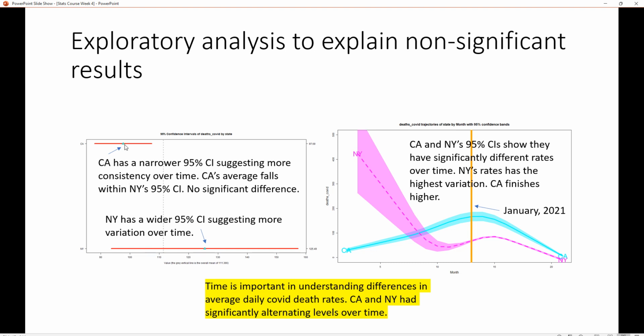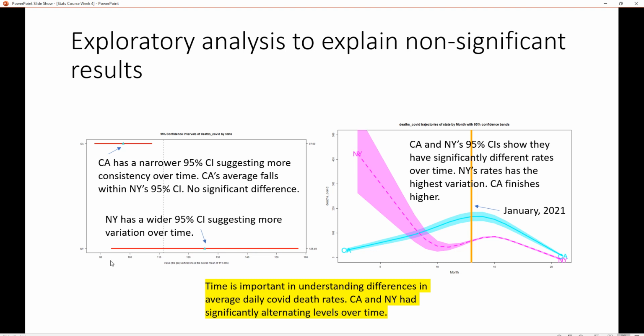So we already know that these are not significant, but this gives us an idea of there being a greater consistency in those average daily death values for California, where we look at New York, and we kind of saw that with the histograms that we looked at in the last slide.